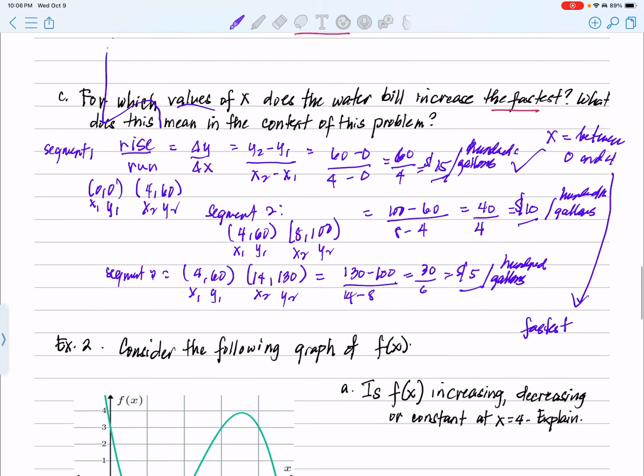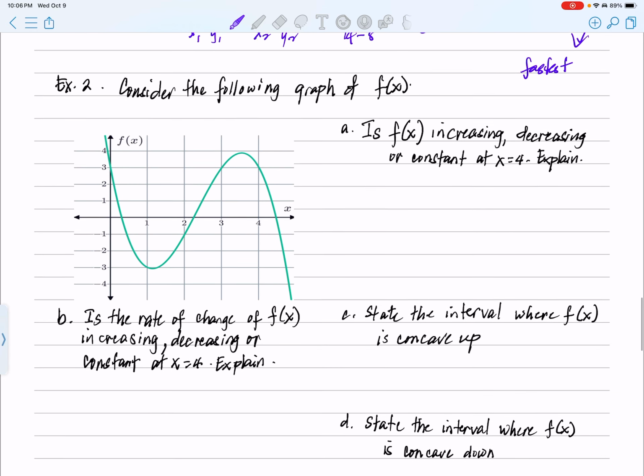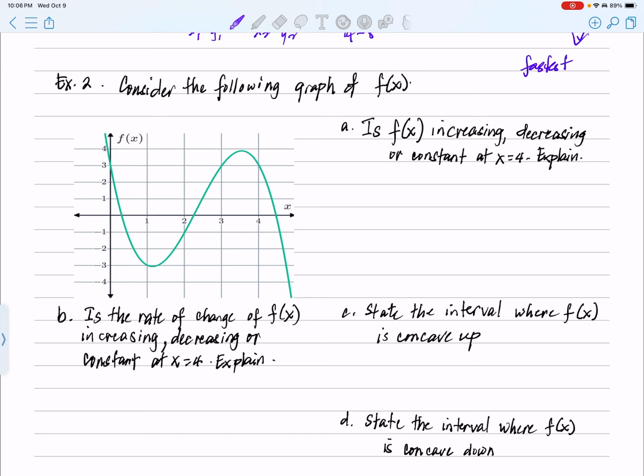Let's do exercise 2. Example 2. Consider the following graph of a function of x. As we can see in the graph, we can see a concave up and a concave down. All right. Is f of x increasing, decreasing, or constant at x equals 4?